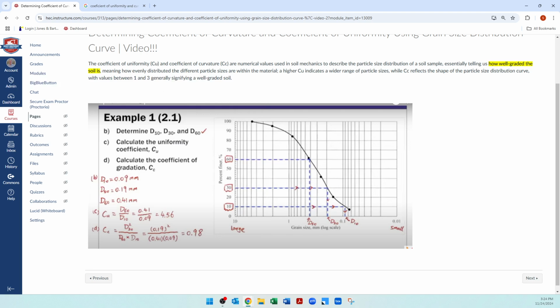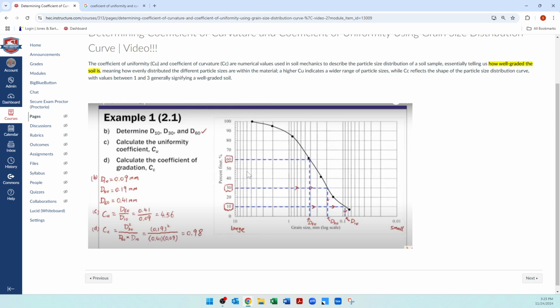How well graded is it, how evenly distributed it is, indicates the curvature. Coefficient of uniformity indicates a wider range of particle sizes, while the coefficient of curvature reflects the shape of the particle size distribution curve. So we have a well-graded soil here just by looking at this.